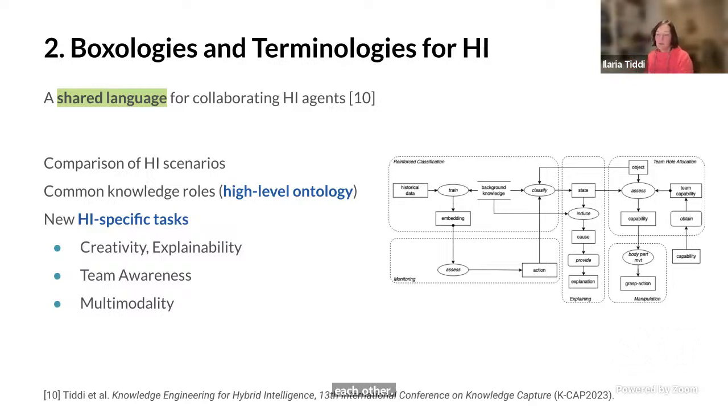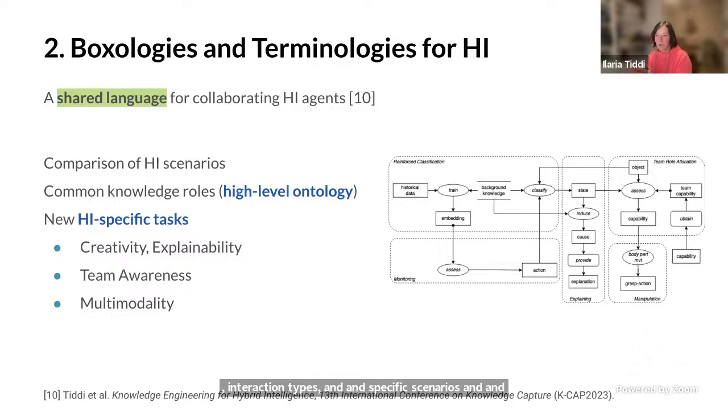What we did in one of the newest works was comparing different hybrid intelligence scenarios, and first trying to identify the common knowledge roles. So we came up with high-level ontologies of agents, interaction types, and specific scenarios.